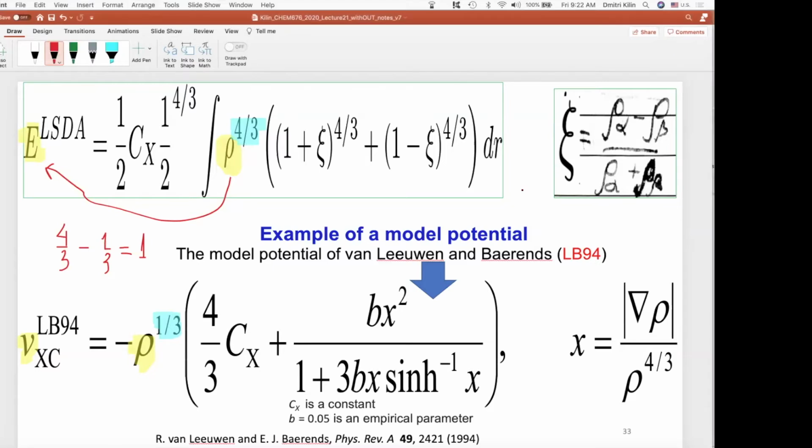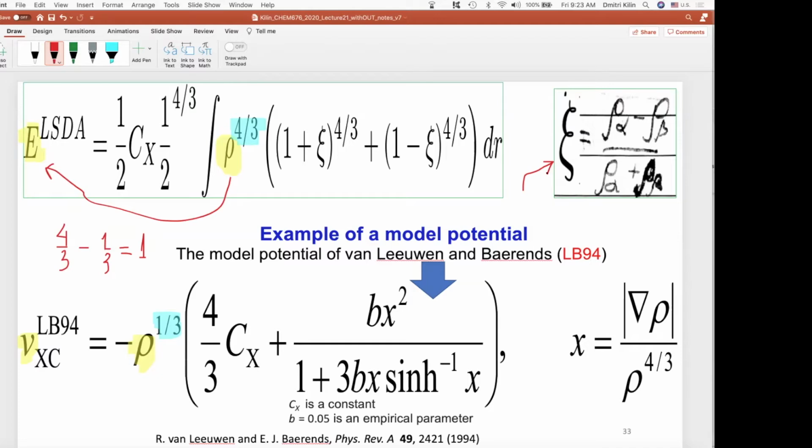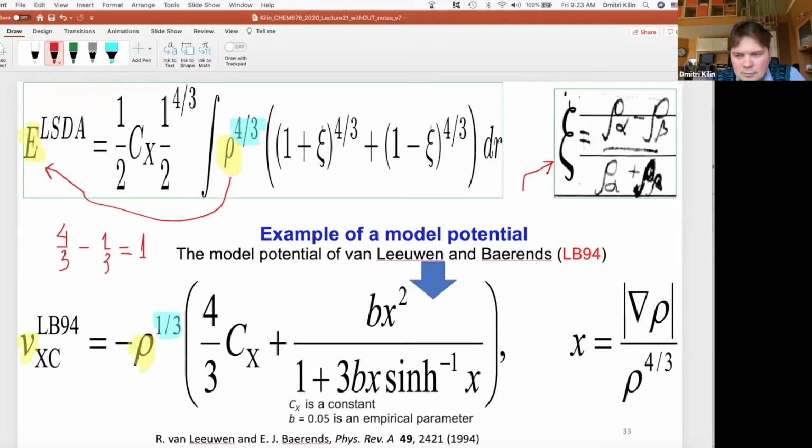Yeah. So Greek psi is in the numerator. It's the subtraction of the two densities, maybe. If there are two types of density, it's the subtraction, divided by the summation of the densities. So what is the meaning of that?